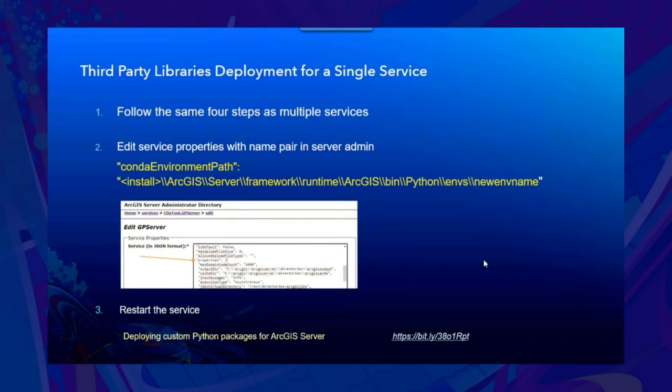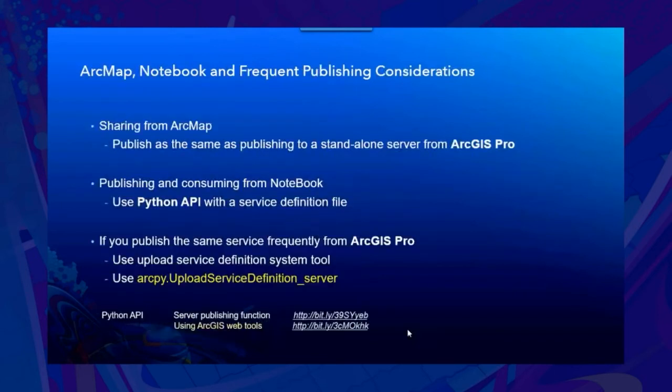In the service properties editor, provide the name pair with the variable name conda environment path, and then specify this new clone environment path. After that, restart the service, and you're ready to deploy for a single service.